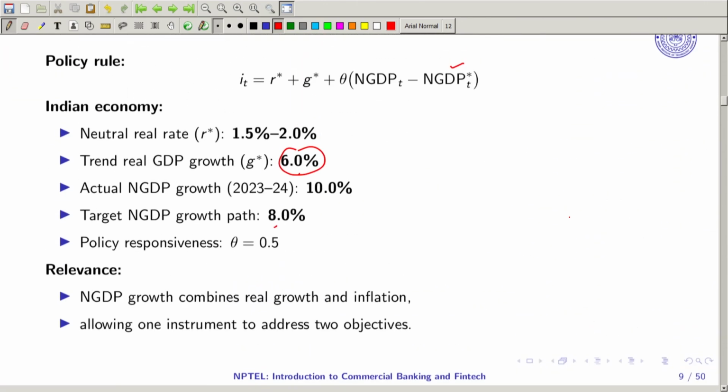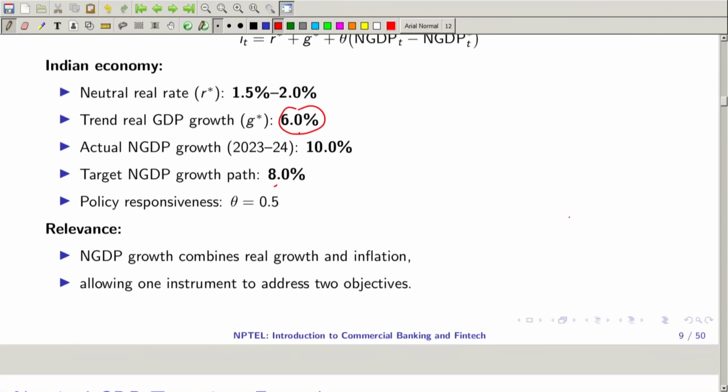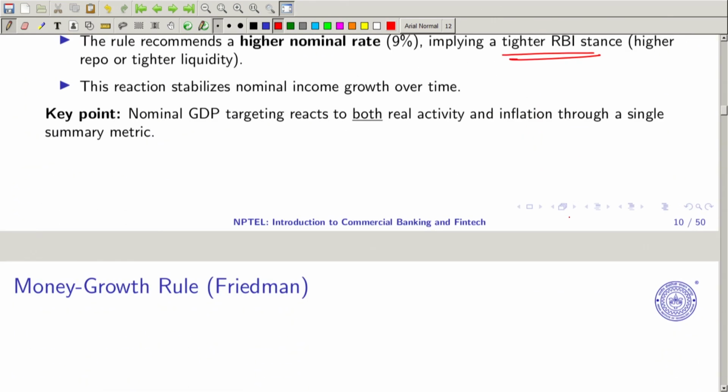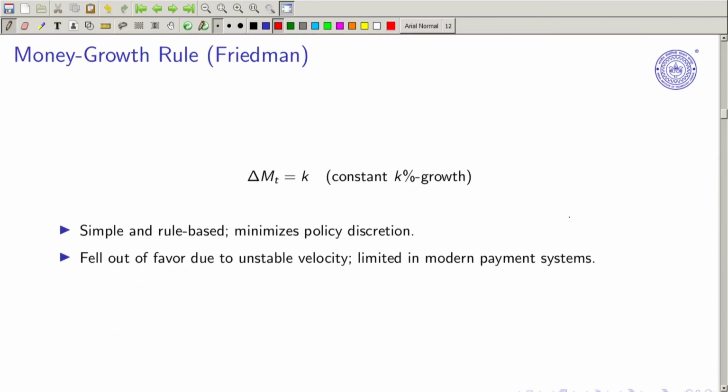So nominal GDP targeting is also one rule, as compared to the policy rule that we have here. Then Friedman was a staunch supporter of the monetary stance.